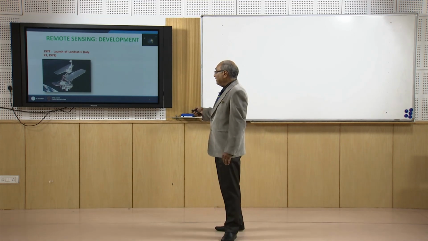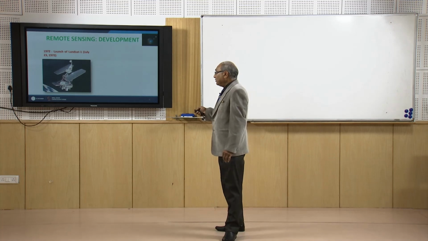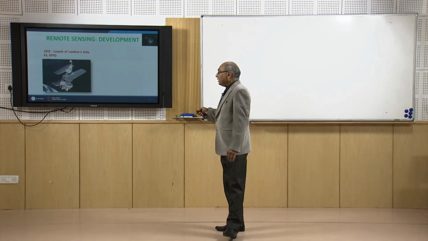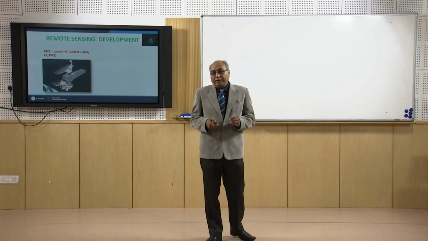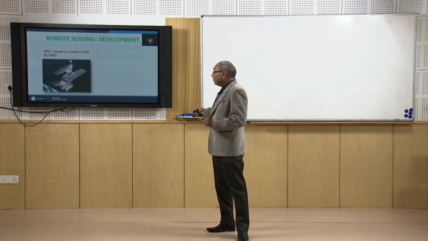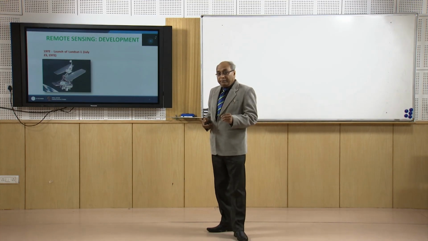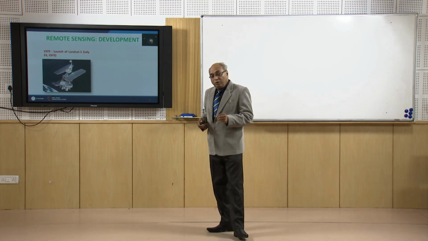Later on it was renamed Landsat. So, we started real operational remote sensing in 1972, and the good part is that most of the data recorded by the series of Landsats is now available for us to use.